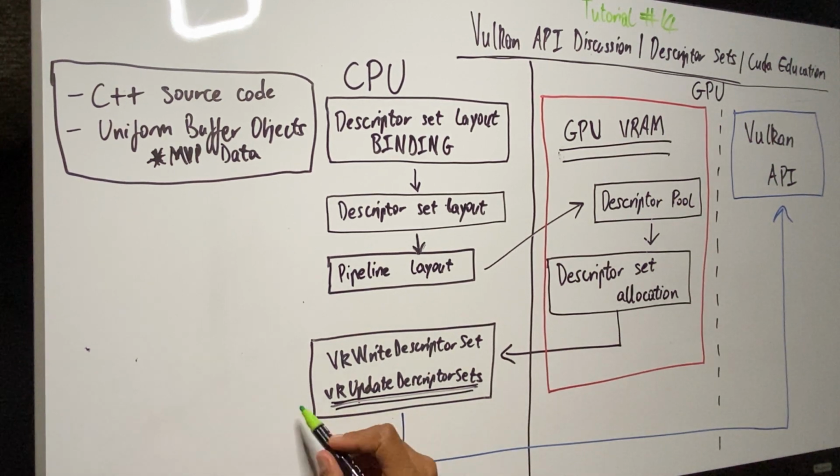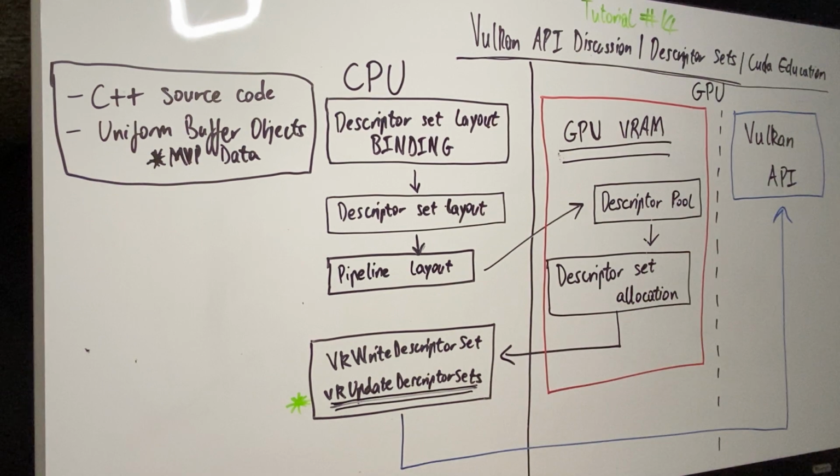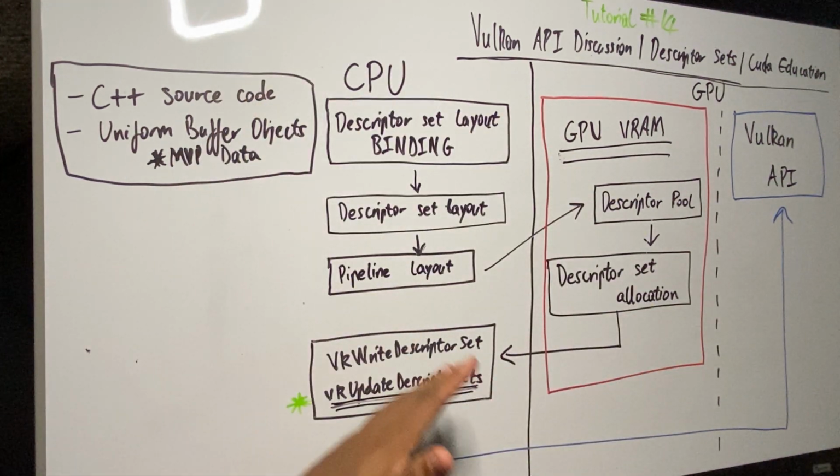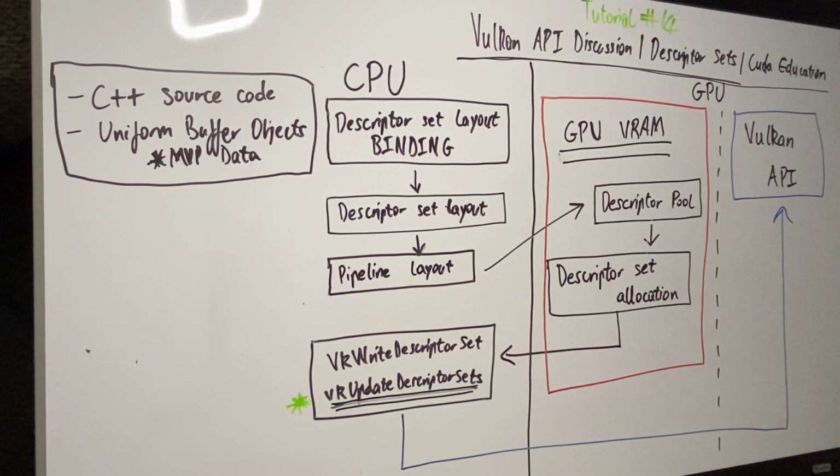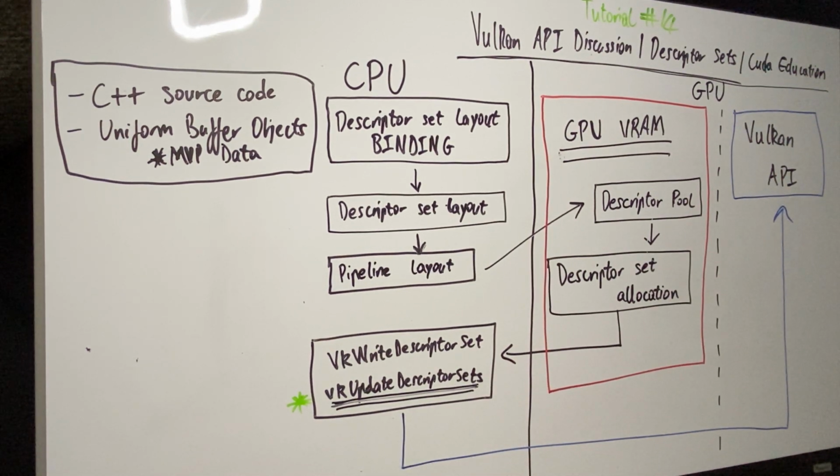So maybe I'll put a star beside this guy right here, because this is the star of the show, this VK update descriptor sets. Once this fires off, assuming all your other declarations are correct, the Vulkan API is aware of the memory resources that you're declaring and can access them and do what it does. All right? And that's pretty much it for descriptor sets. So between the two pictures, it really should help you have a good understanding of how this works.